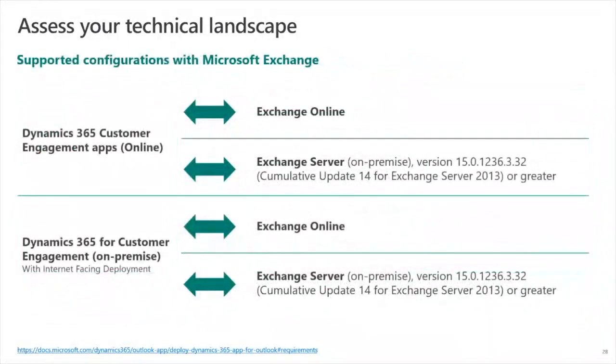The supported configurations with Microsoft Exchange are hybrid, so you can be an online customer having Exchange Online with Office 365, or you can have an Exchange server on-premise version, this version or greater. And the same applies for on-premise customers, although this presentation really focuses more on online customers rather than on-premise customers.